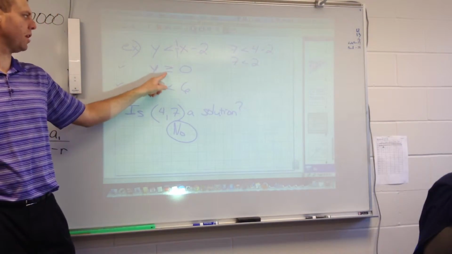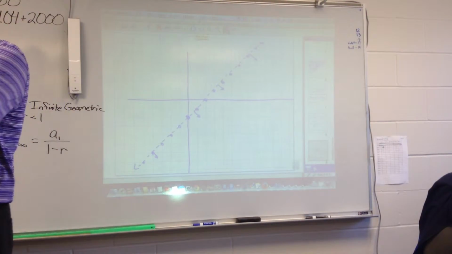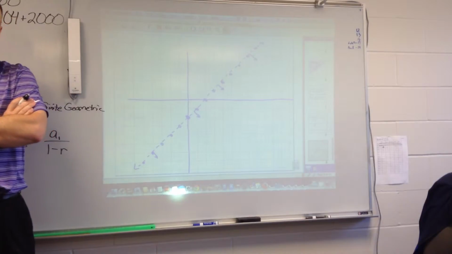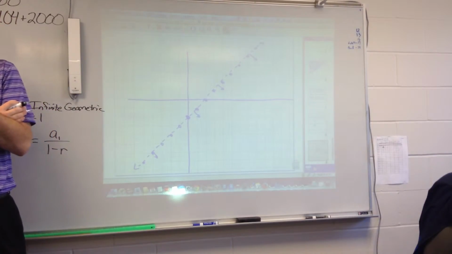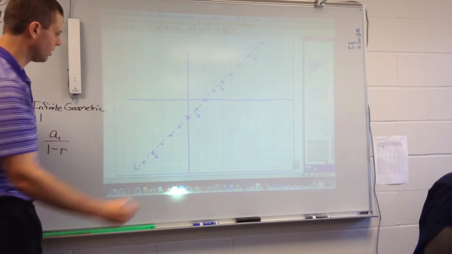Y is greater than or equal to 0. What will that line look like? A horizontal line, on 0, right here.